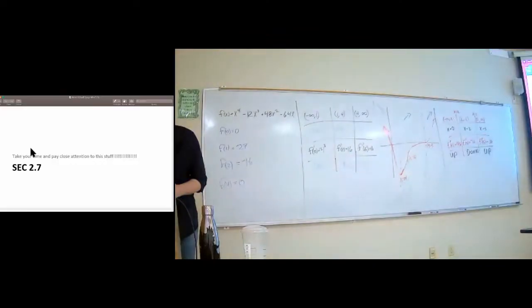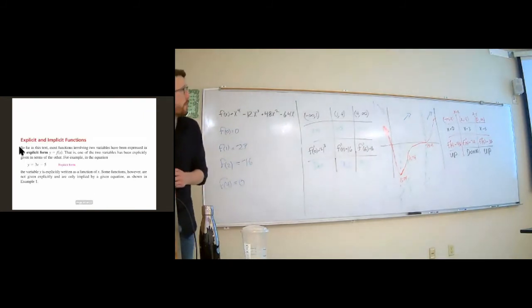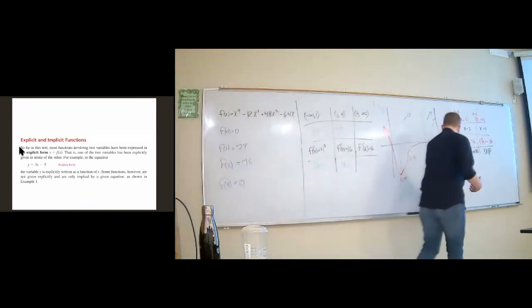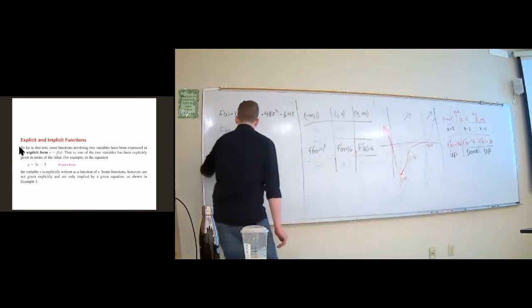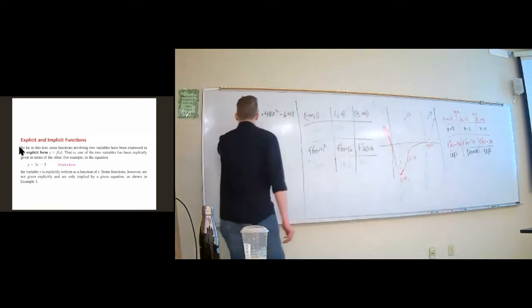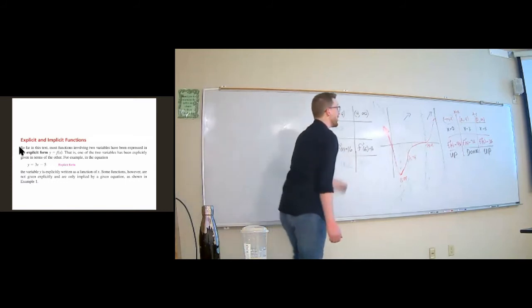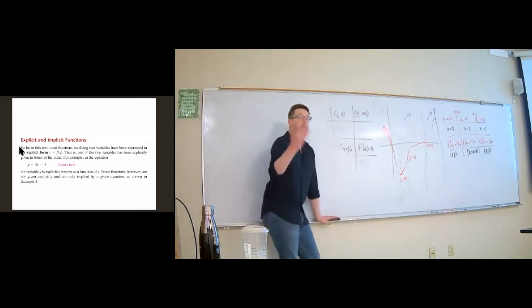Share screen. All right, now jumping into 5.2 notes and going back to section 2.7. Section 2.7 is all about this idea of implicit derivatives. Now, before we start talking about implicit derivatives, you should probably know what an explicit versus an implicit function is. An explicit function is exactly what it sounds like. It is a function that explicitly tells you how y behaves according to x.